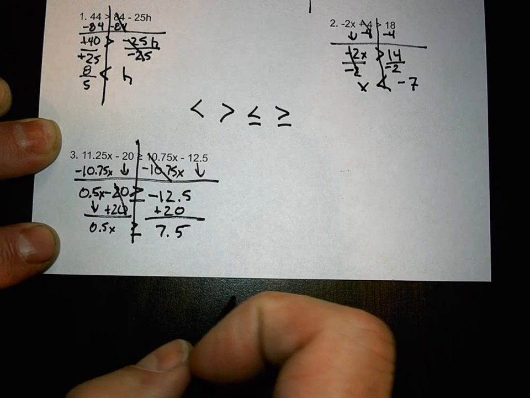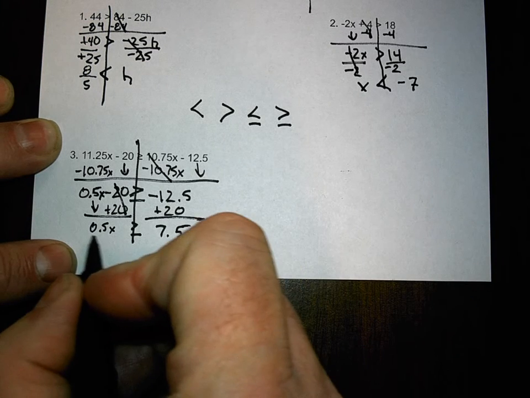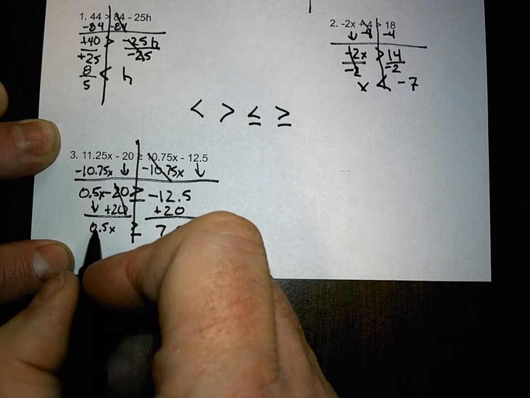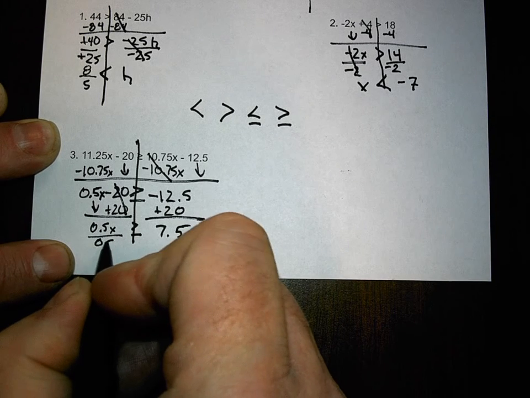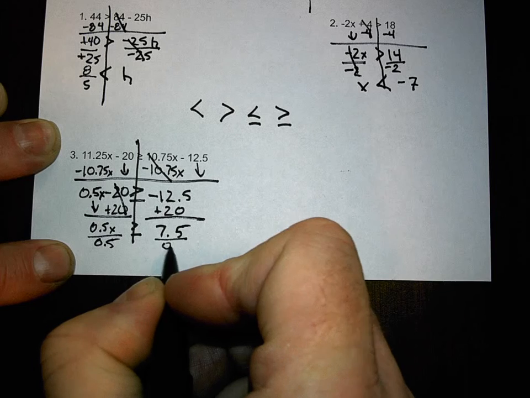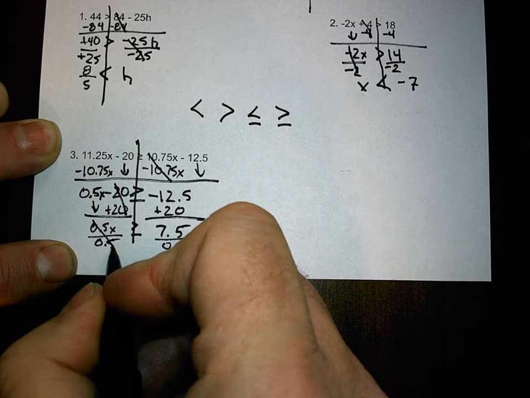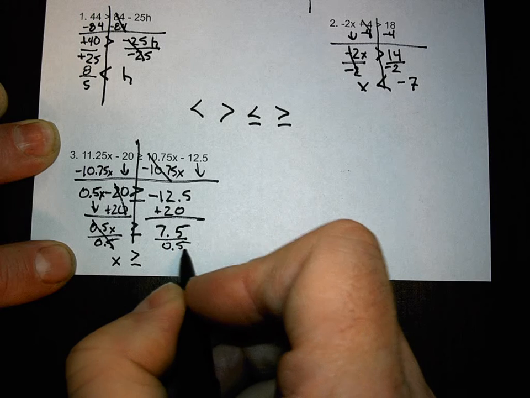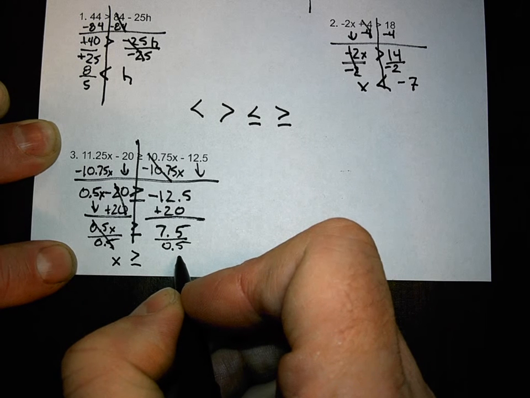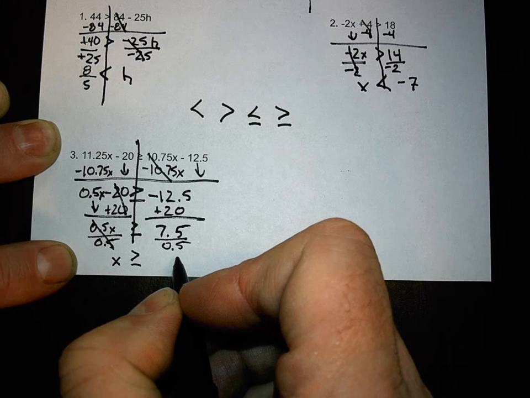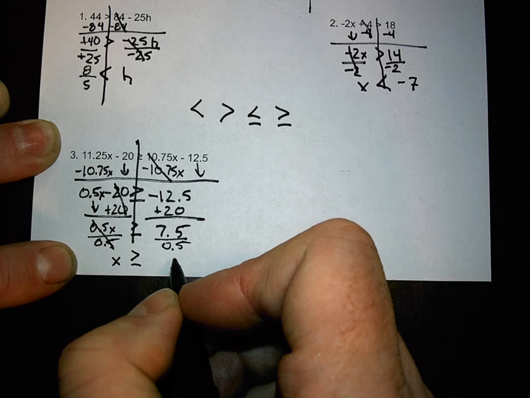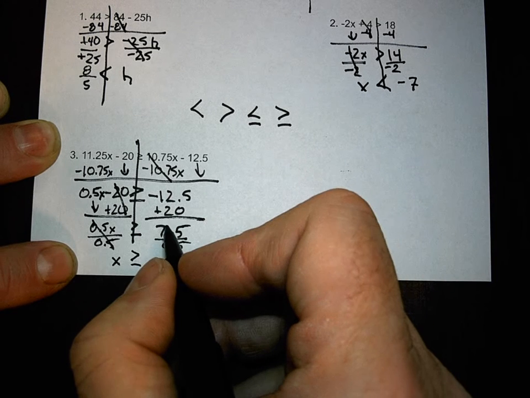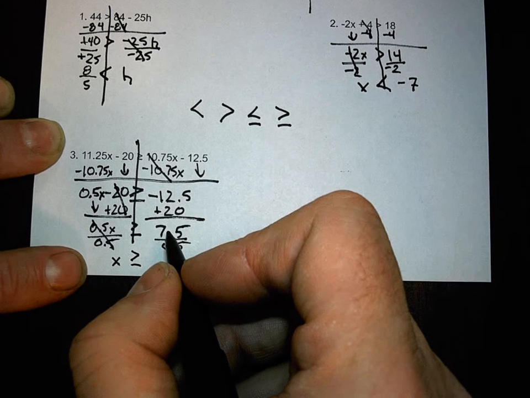Good so far? Is my coefficient something other than 1? Yes. So I'm going to divide both sides by the coefficient. That one goes away. It becomes x is greater than or equal to 7.5 over 0.5. Now, this one may require you to do some work.